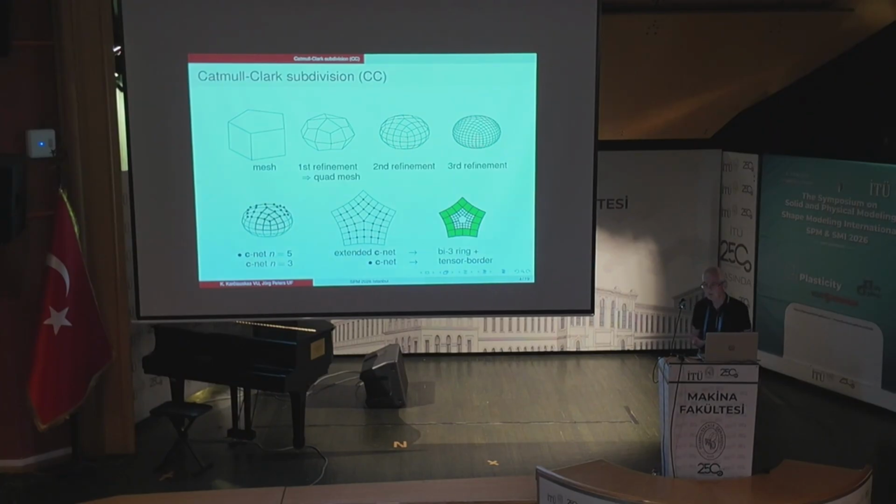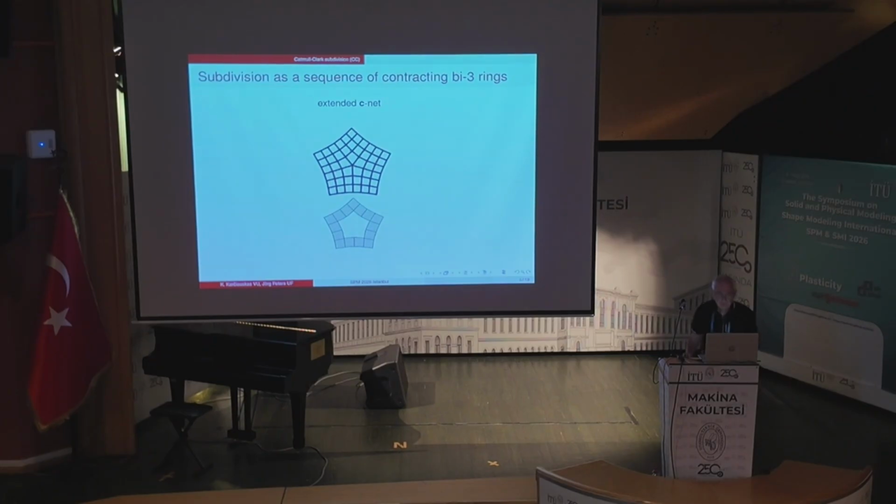The scheme itself might be good, but the transition from the regular part to the multi-sided part is also important. So we consider subdivision surfaces as a sequence of contracting bicubic rings. Here you see this extended CNET. We produce one bicubic ring as before.